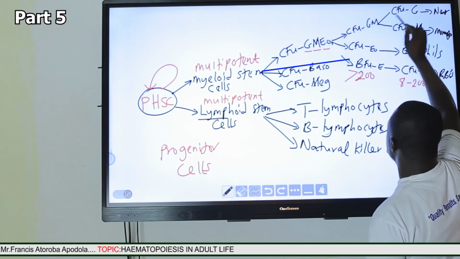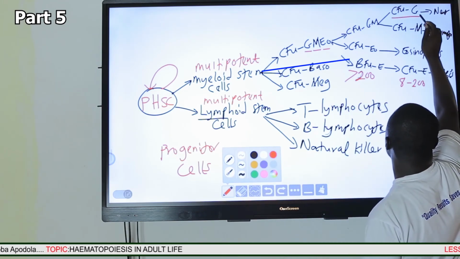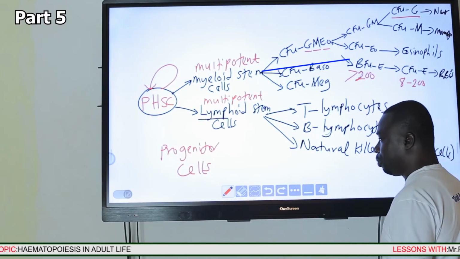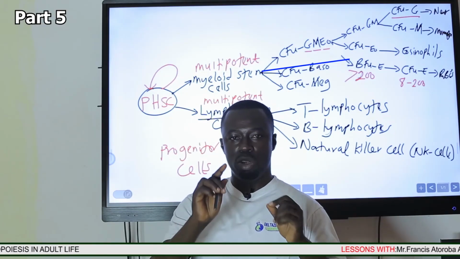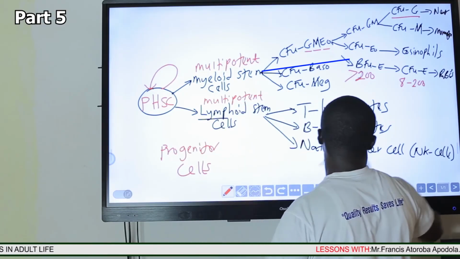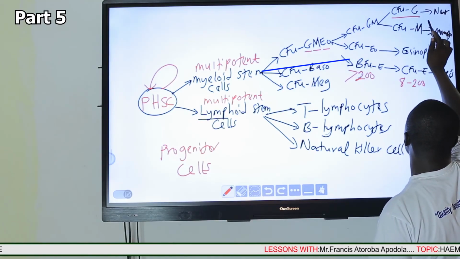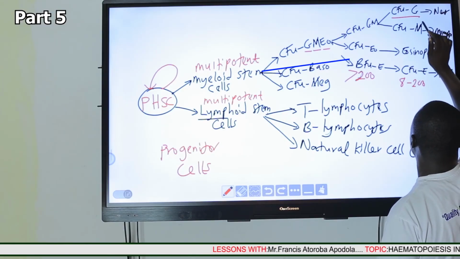So notice that these stem cells, like the colony-forming unit granulocyte, which gives rise to only one type of cell, is said to be a unipotent stem cell. A unipotent stem cell is a stem cell that has only one potential. Because this colony-forming unit granulocyte can only and will only give rise to the neutrophil, it is said to be uni.